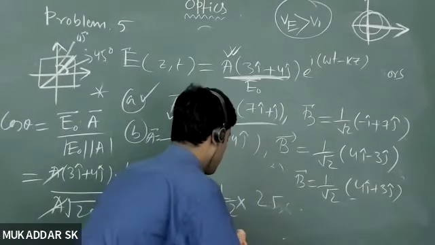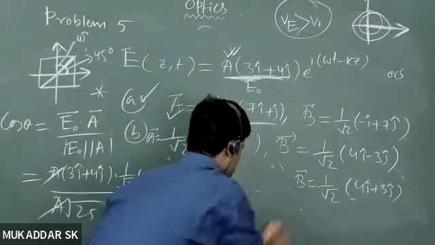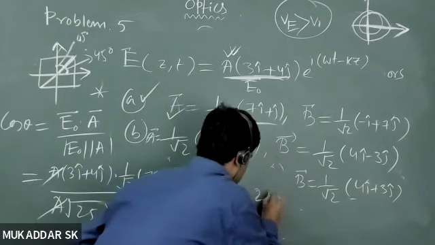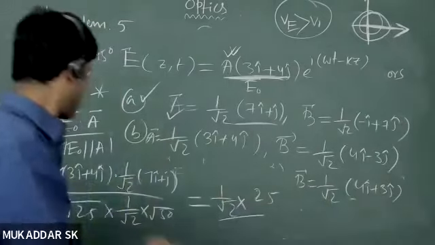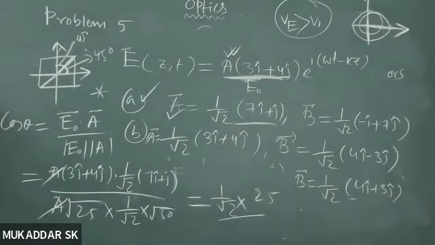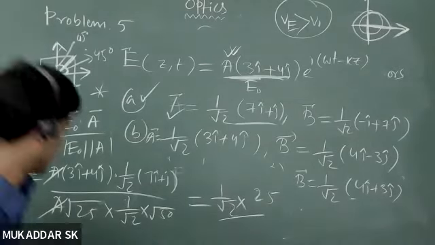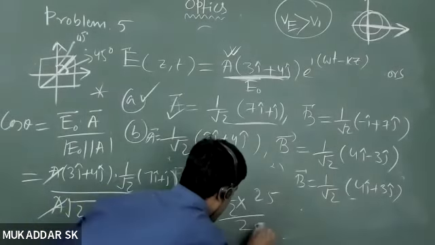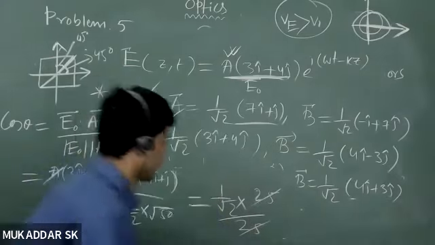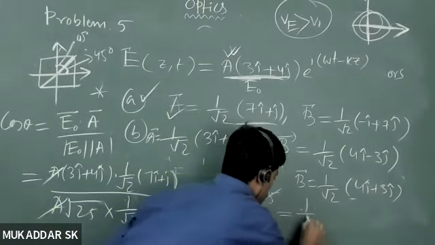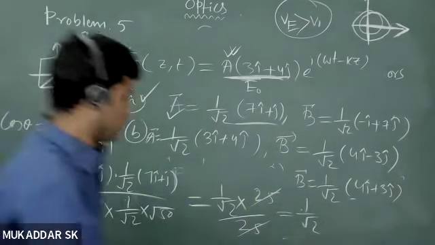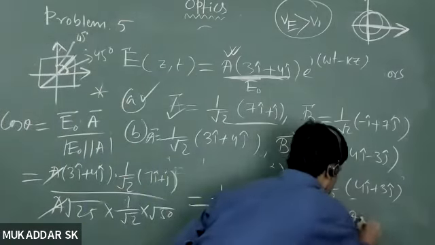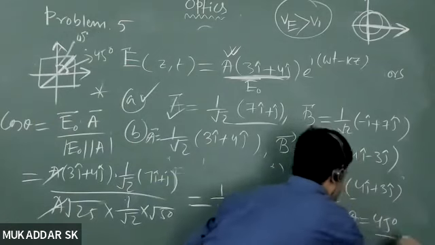So in numerator you will have 25 by root 2 from this upper part. Now can you check from lower part how much you are getting? So from lower part you will basically get simply 25. Just check. So it will be cancelled. You will basically get 1 by root 2. Okay. So it means theta will be how much? Theta will be 45 degree.